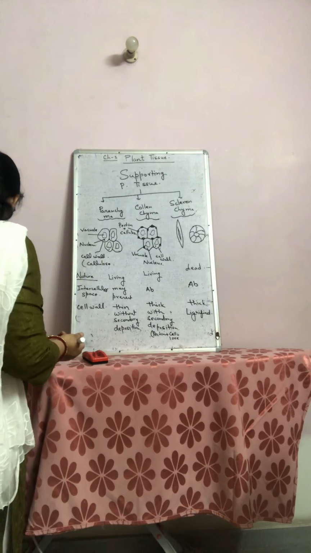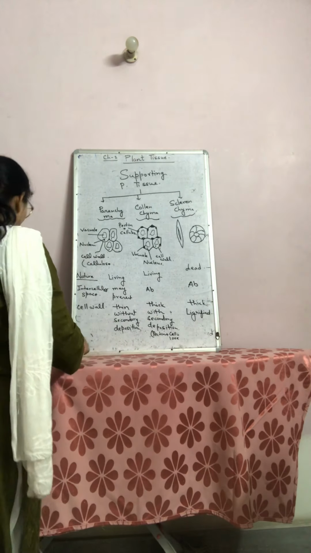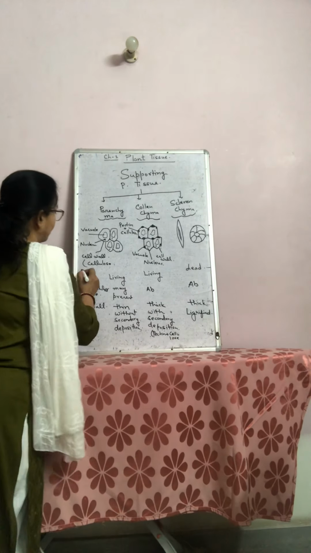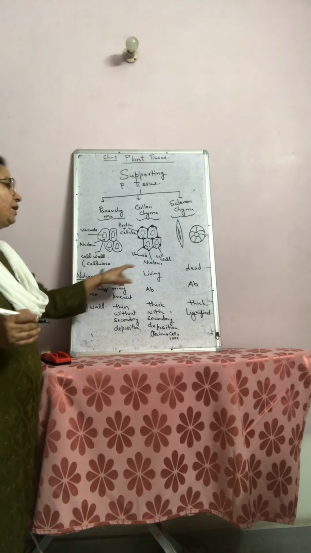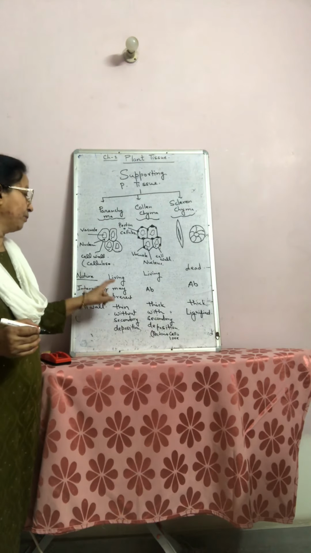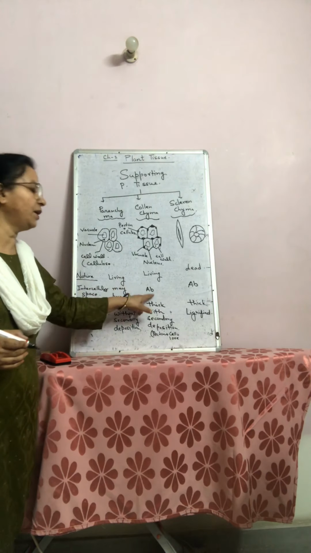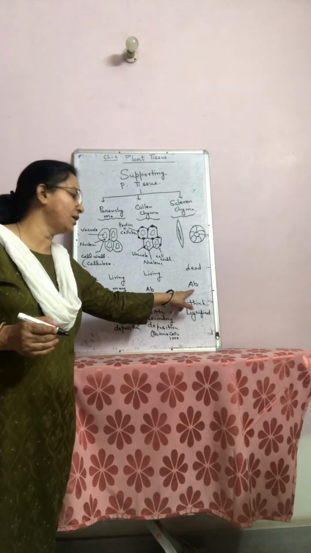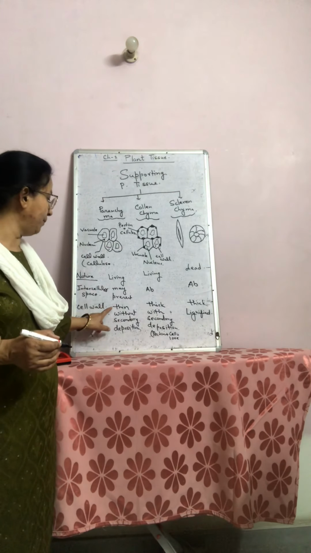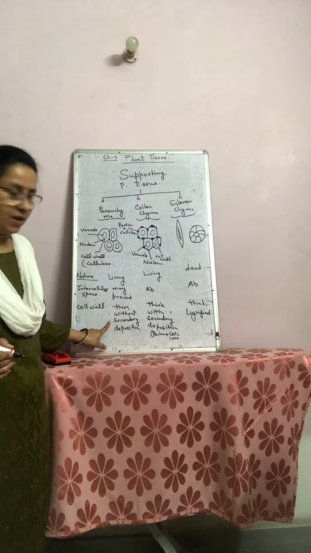Now come to the fourth point, see the cytoplasm. This is the first one, nature: living, dead. Second one, intercellular space. It may be present. Here it is absent. Here also it is absent. Now come to the third, cell wall. Thin without secondary deposition.